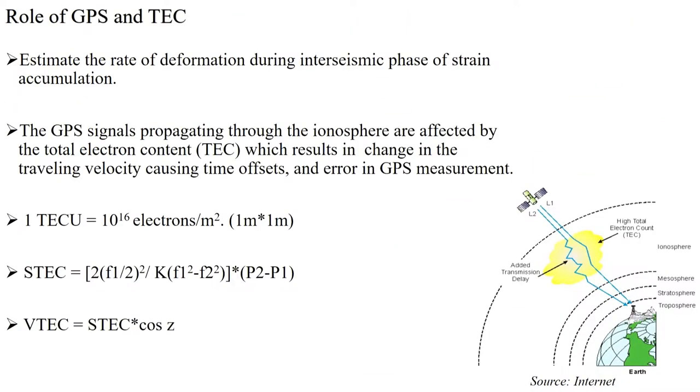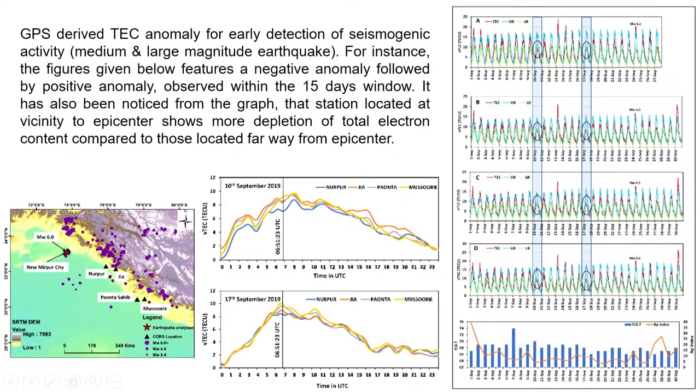We have attempted this earthquake precursor study also through TEC. TEC we are mainly doing by the GPS, because it is also a very emerging technique for getting the seismogenic activity phenomena.